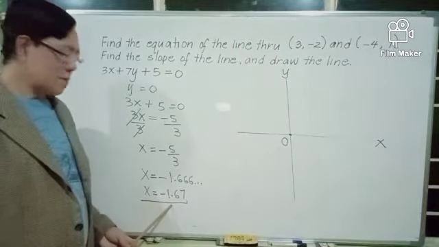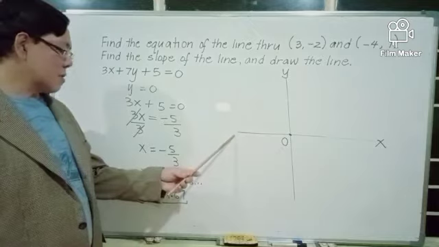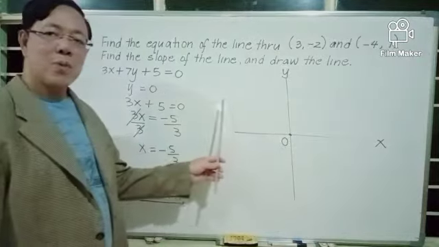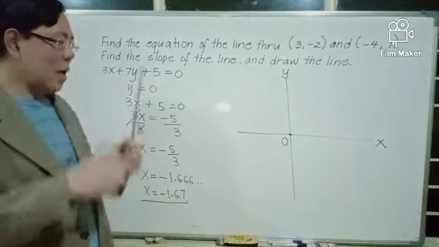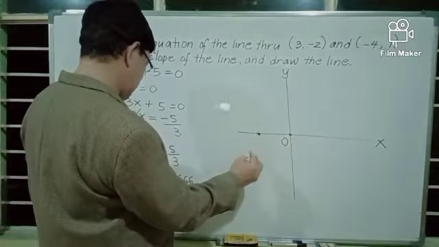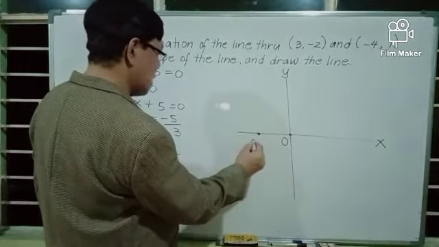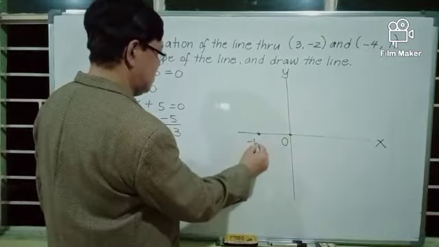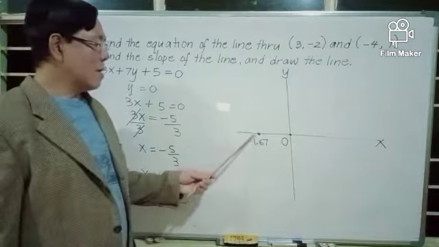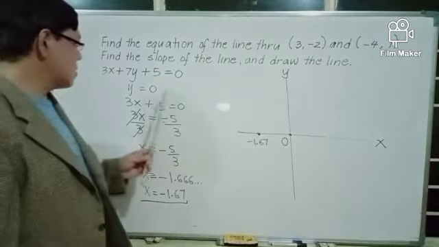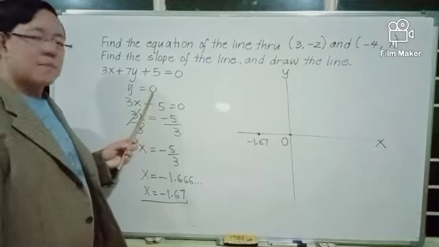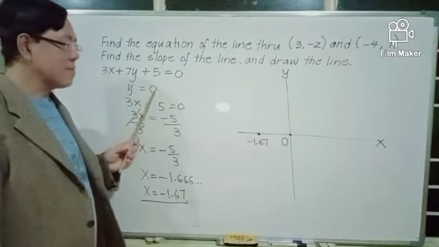We plot this value of x in the horizontal axis. Since it is negative, it is to the left of the y-axis. And we approximate negative 1.67. At this point, the value of y is 0, as we have assigned 0 to y.